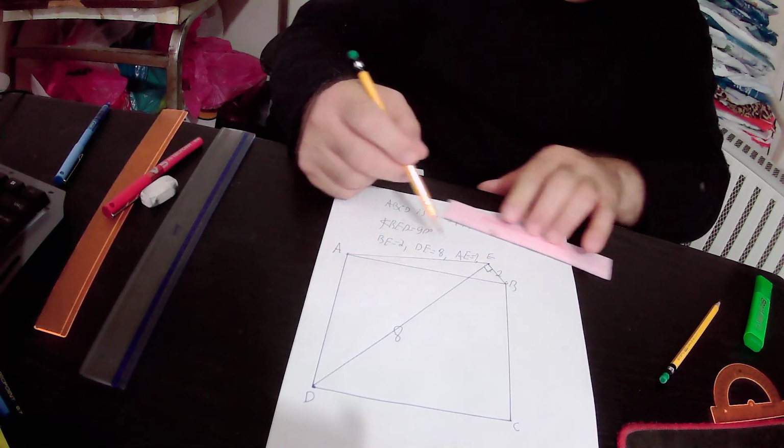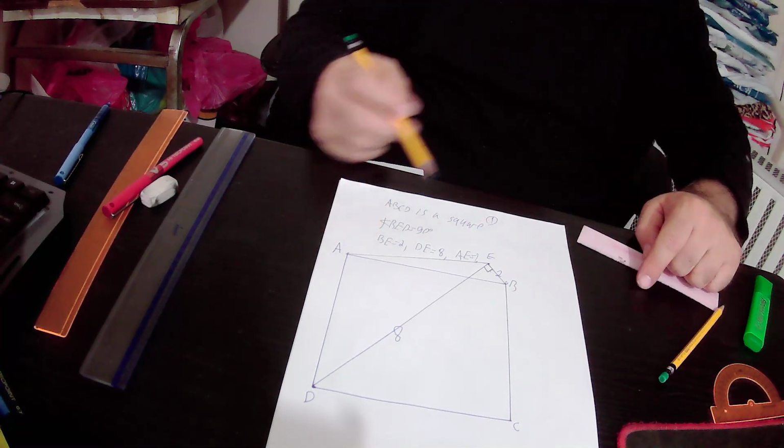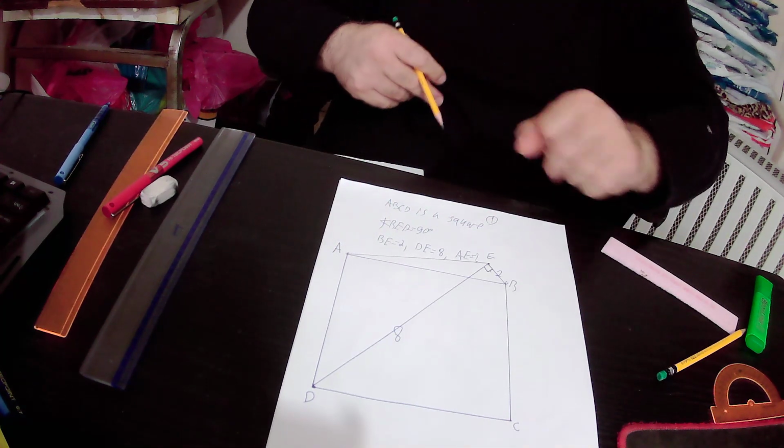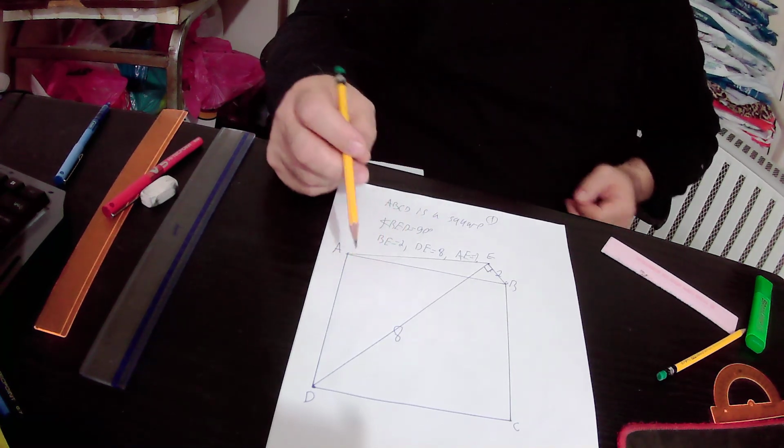We want to find out the size of this line segment AE. So first of all, we will join points B and D by a straight line.